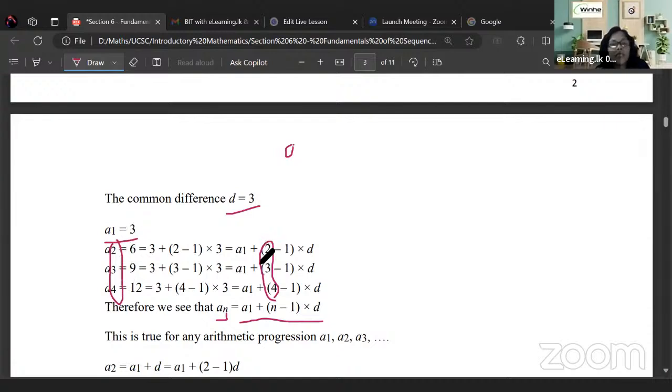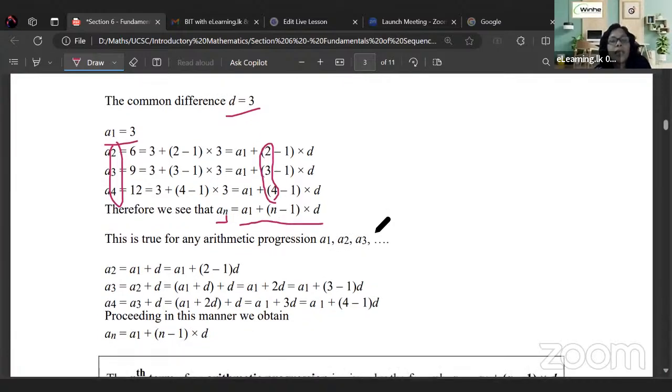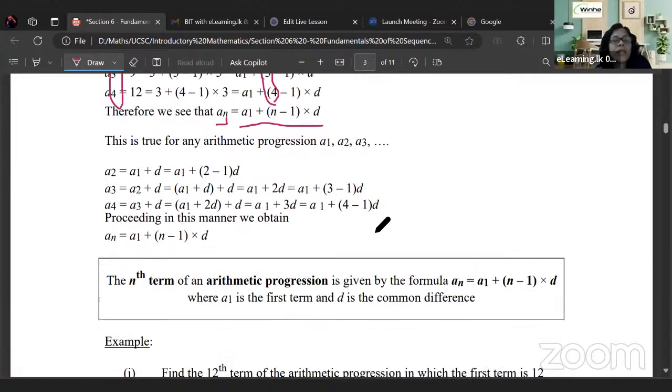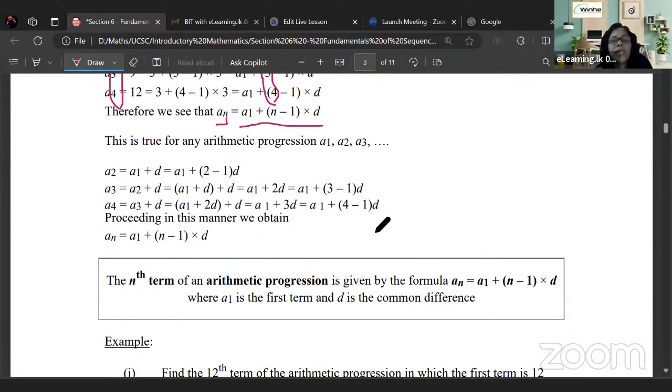Therefore, instead of 2, 3, 4, you can put n. N minus 1, and this is the common difference. Therefore, any arithmetic progression you can represent by A1 plus n minus 1 into D. You can write the nth term of that arithmetic progression as an equivalent to A1 plus n minus 1 into D.